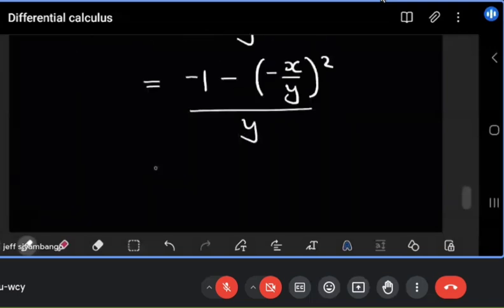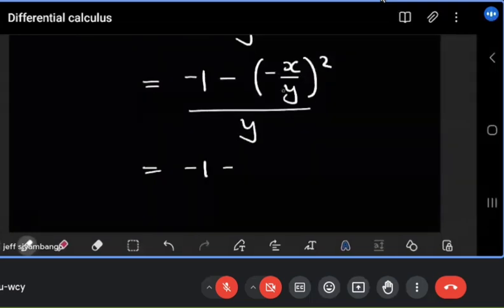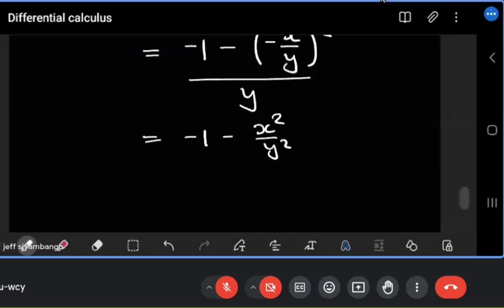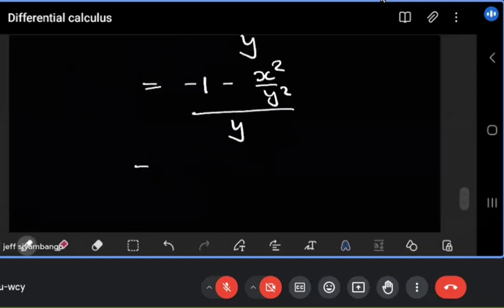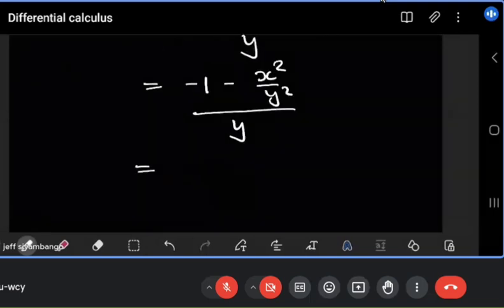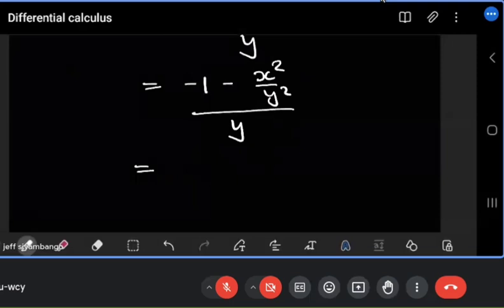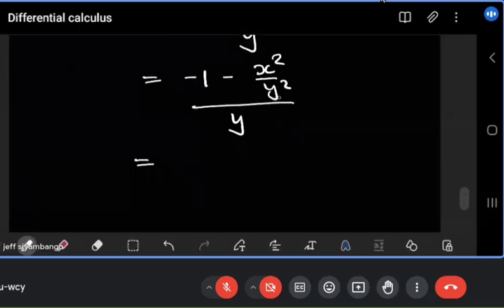What do I get now? So because I'm squaring there, the negative will be squared out. So now I just have x squared over y squared. And then this is over y. Now I want to just write this as a single fraction. So far it's messy. By the way, we're done with differentiating. We're just polishing now. So presenting this in a different way, this will be negative y squared minus x squared over y squared.